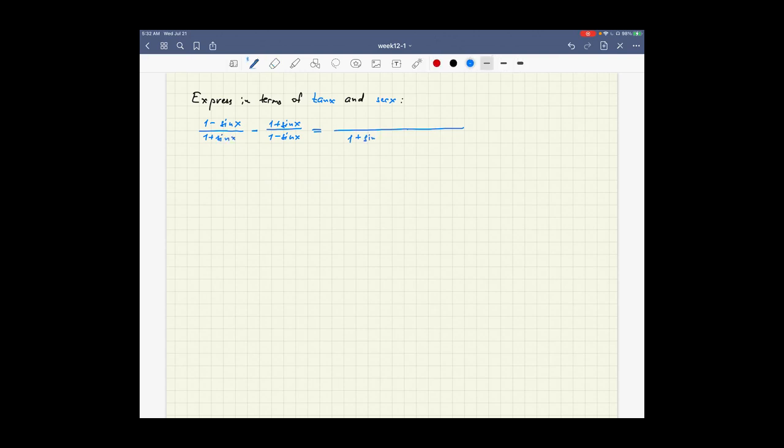So 1 plus sine x, 1 minus sine x, and in the numerator then will be 1 minus sine x times 1 minus sine x minus 1 plus sine x times 1 plus sine x. So what happened? We brought both fractions to a common denominator.